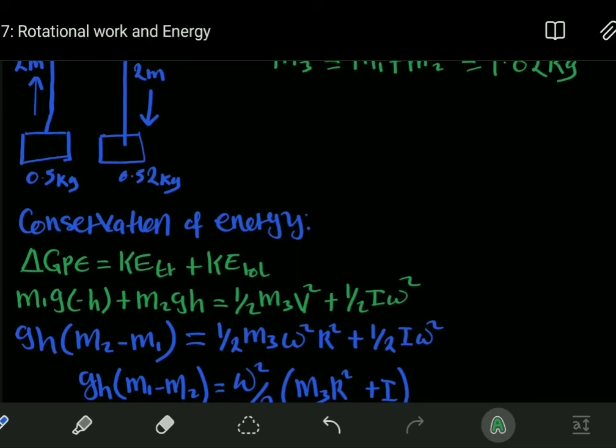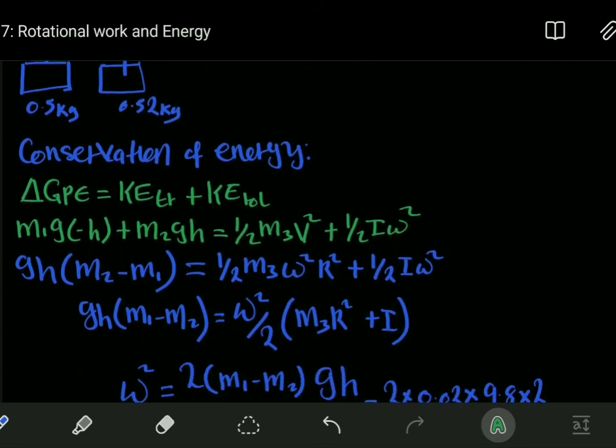So here on the left hand side we have gh, which is common. Then we have m2 minus m1. Make sure you work this out on your own. So we have gh (m2 minus m1) equals half m3 omega squared r squared plus half I omega squared.